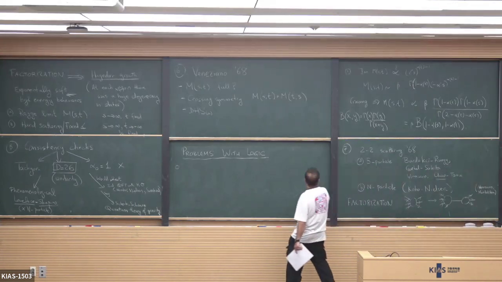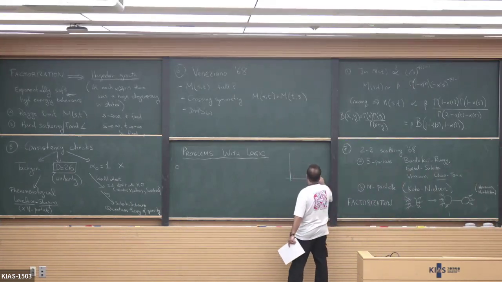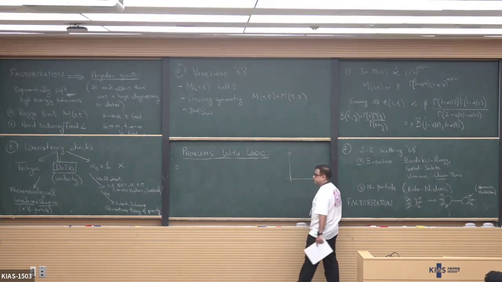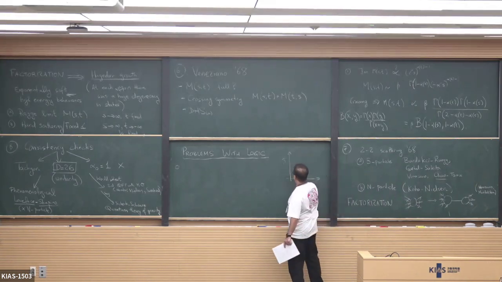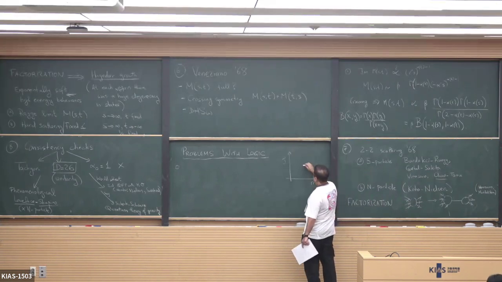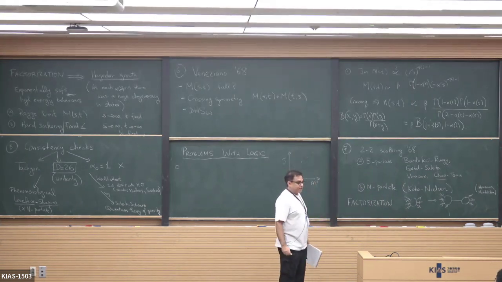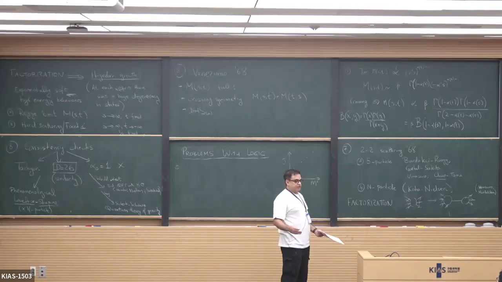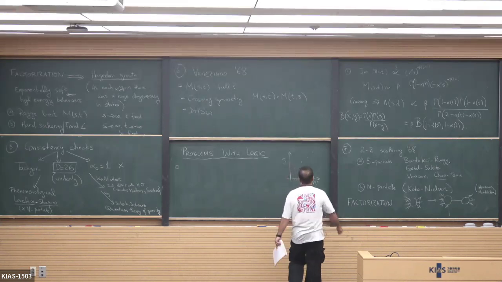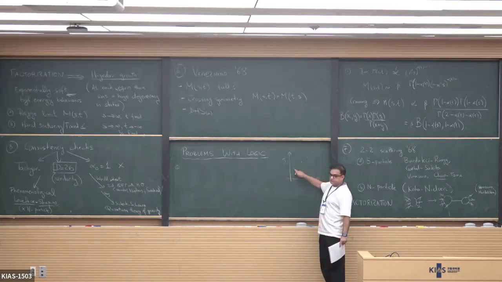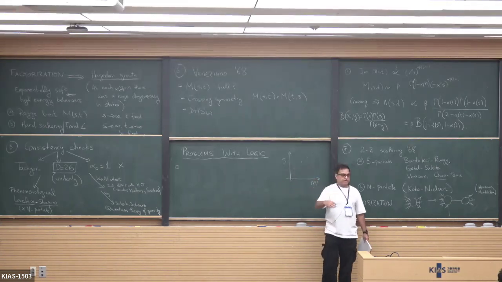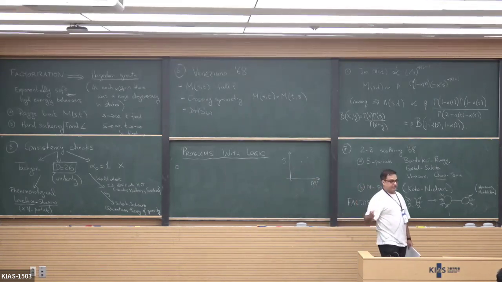Now, if you go to PDG and look at the same plot, J versus M squared, you will realize that the number of particles that they ever show on the plot stops at spin 6. Okay, so there is no experimental evidence that there are these infinite number of mesons that are lying on this trajectory. And the reason is that these guys are never really close to the real axis. By real axis, I mean that they are poles on the real axis.